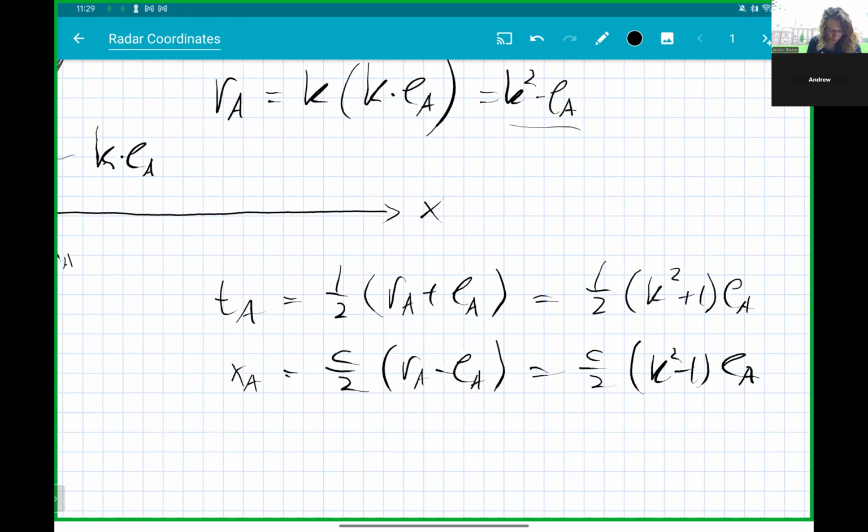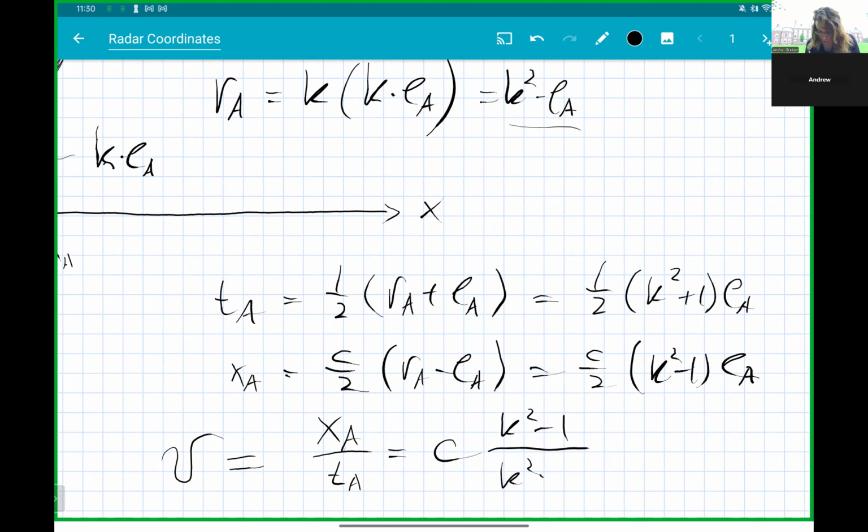Now, for the velocity of Bob measured by Alice, we're then getting XA divided by TA. We have C times K squared minus 1 divided by K squared plus 1.